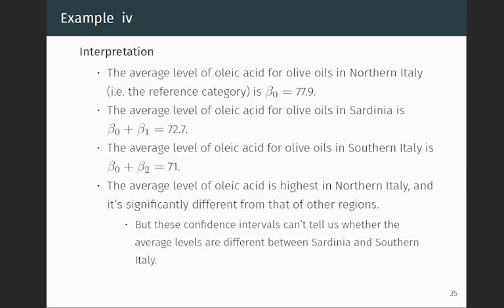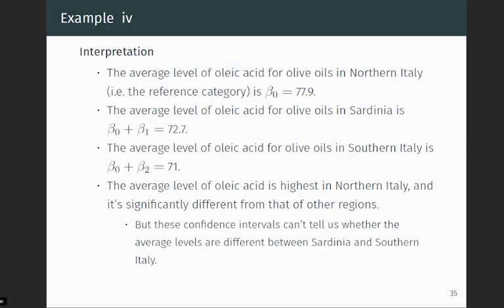And so I'm going through the interpretation here. I'll let you read this. This is a recap of what I just said. I'm going to point out, though, the last point here. So beta 1 and beta 2 are giving us differences between one region compared to a baseline level region, which was northern Italy.